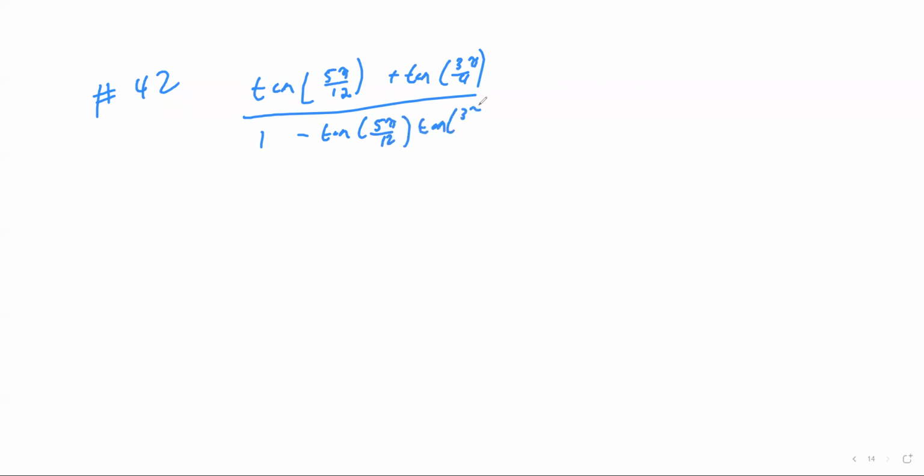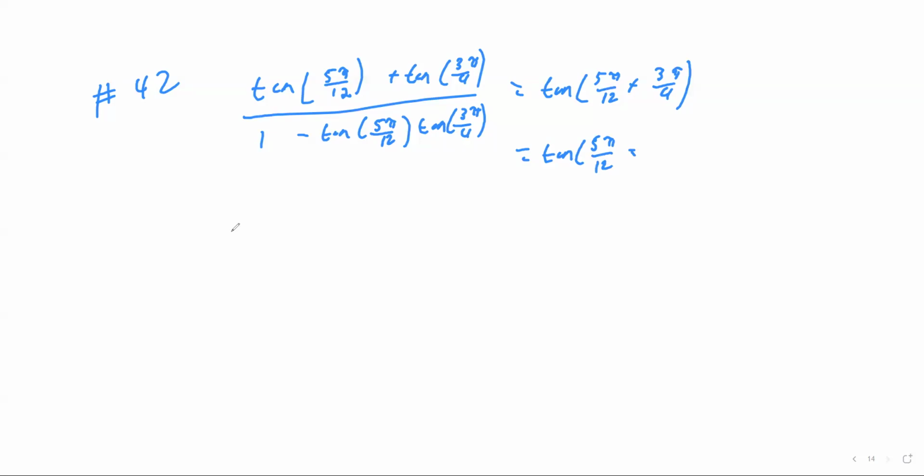This will be tan 5 pi twelfths plus tan of 3 pi fourths divided by 1 minus tan of 5 pi twelfths times tan of 3 pi fourths. So again, I see that that's tan plus tan over 1 minus, so I know that's going to be a tan of x plus y. So that's 5 pi twelfths plus 3 pi fourths.